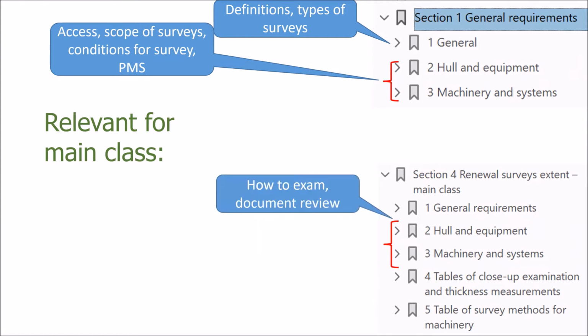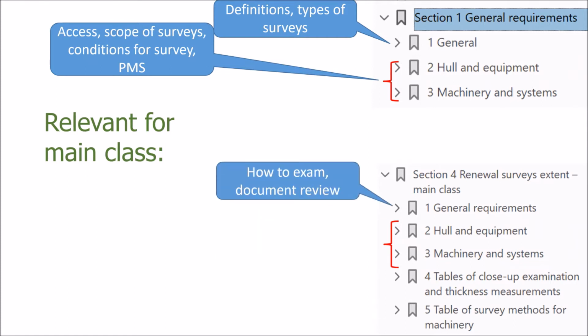And down here in section 4 is how to examine the document review. These are the documents the class surveyor is going to check. It's good if you know what those documents will be so you can prepare them and put them on the table before he's there.